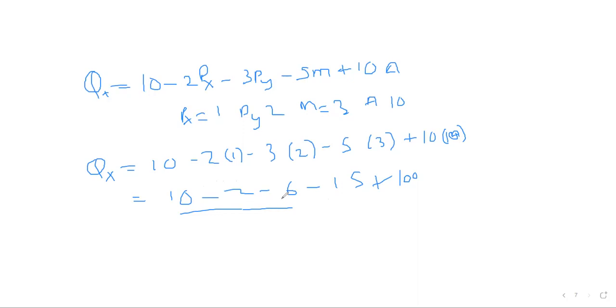Then 2 minus 15 is minus 13. So minus 13 plus 100. What is the final answer? 87.